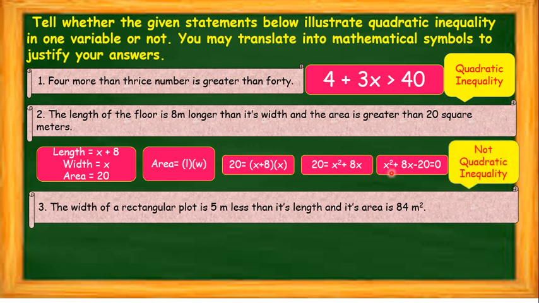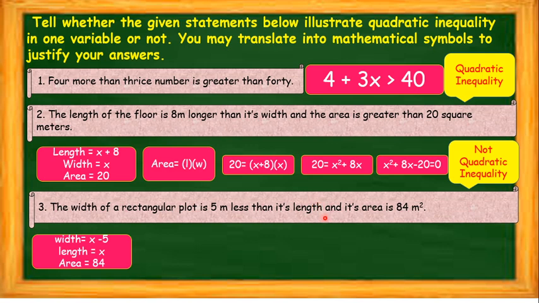It is not a quadratic inequality. It is a quadratic equation. Next, the length of a rectangular plot is 5 meters more than its width, and its area is 84 square meters.